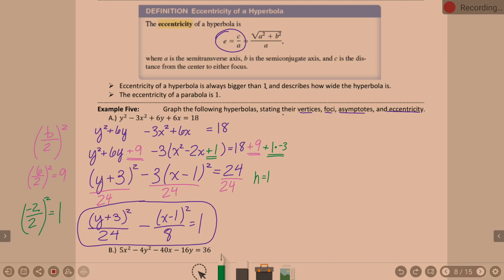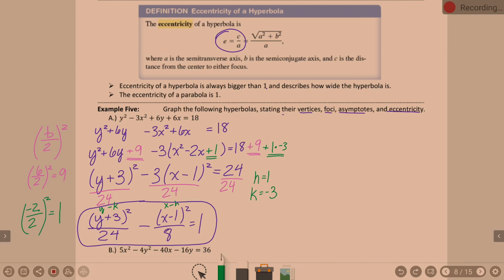X. Keep in mind, y comes first, yes? Which column are we looking at here? This is the right column, isn't it? Okay, so your H is always going to be the X minus H, so 1. What's K? Y minus K, so K is negative 3.